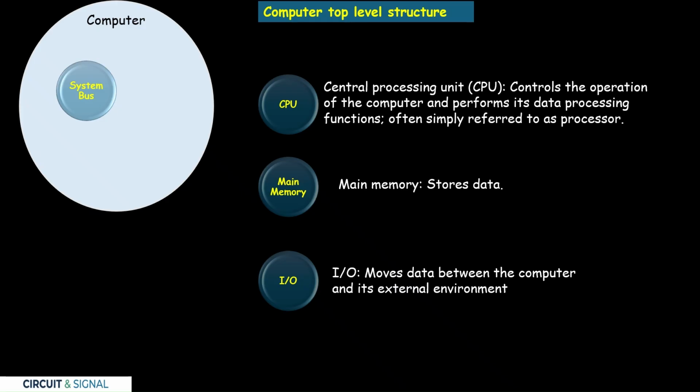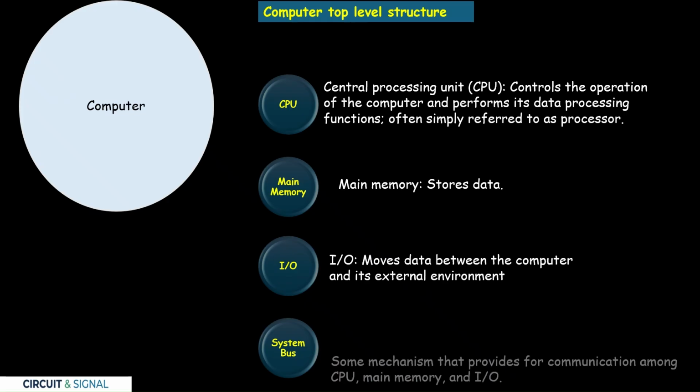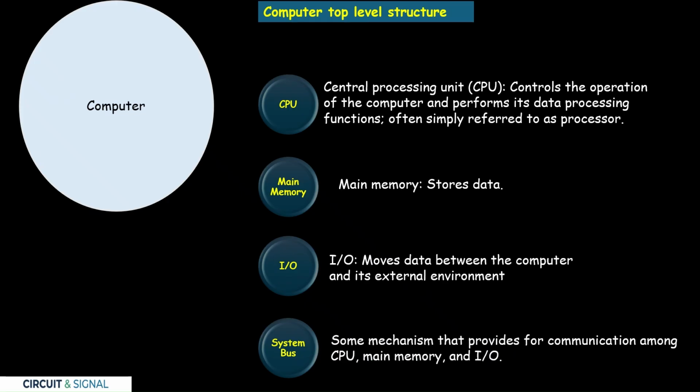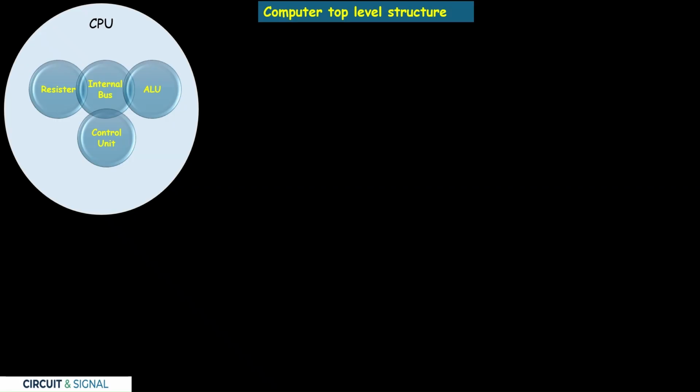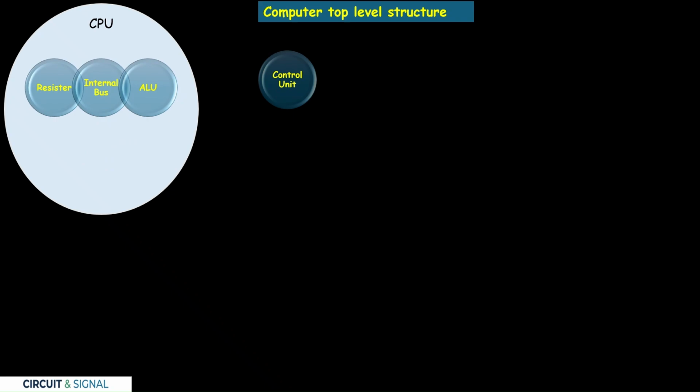What is system bus? System bus is a mechanism that provides communication among the CPU, main memory and the input output peripherals. We will go inside the CPU. In the CPU there is the control unit. So what is control unit? Control unit basically controls the operation of the CPU and the computer.